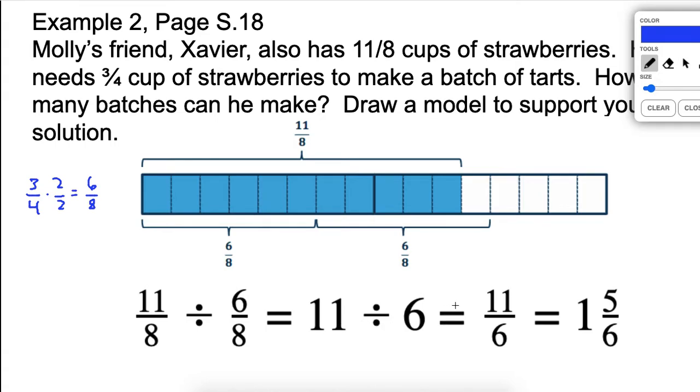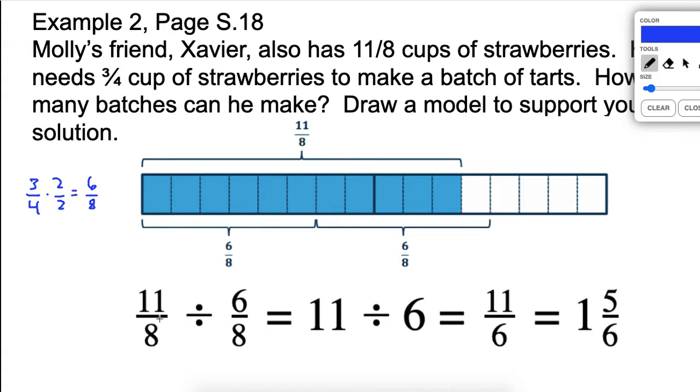That's what we're doing here, because each batch calls for 6/8, and he has 11/8. So he can make 1 and 5/6 batches. And the 5/6 here is what we have left. So that's what he can do.